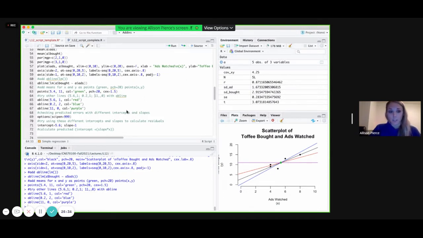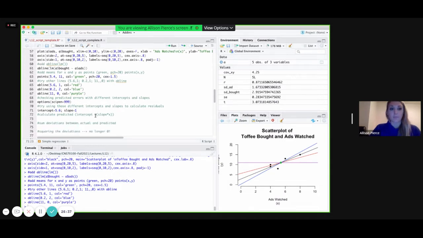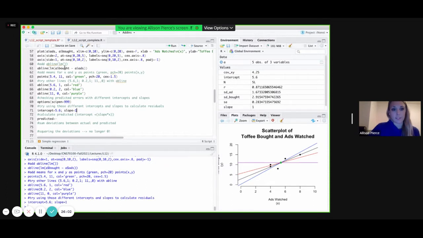So to illustrate why we can't just sum these residuals, let's actually calculate the sum of residuals of these lines. We have the intercepts and slopes of all these lines that we just calculated, so let's calculate our predicted values. Our first one is an intercept of 5.6 and slope of 1, so I'm running this first red line.